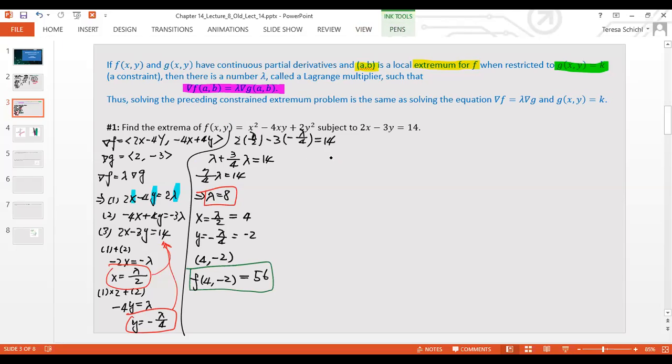We know that 2x minus 3y equals 14, so y is equal to what? 2/3 of x minus 14 over 3, right?